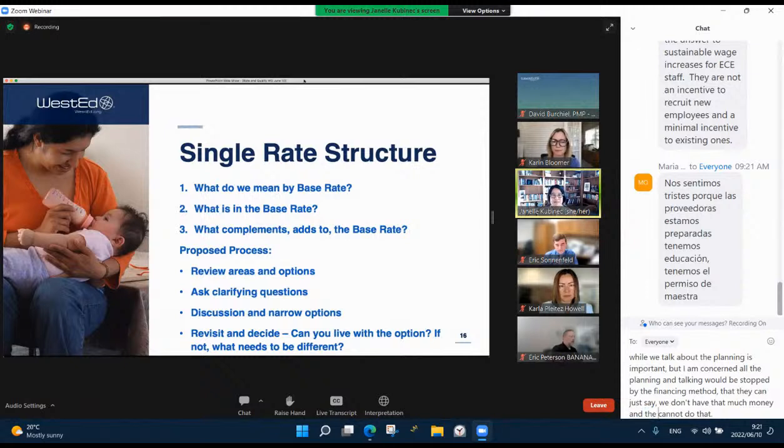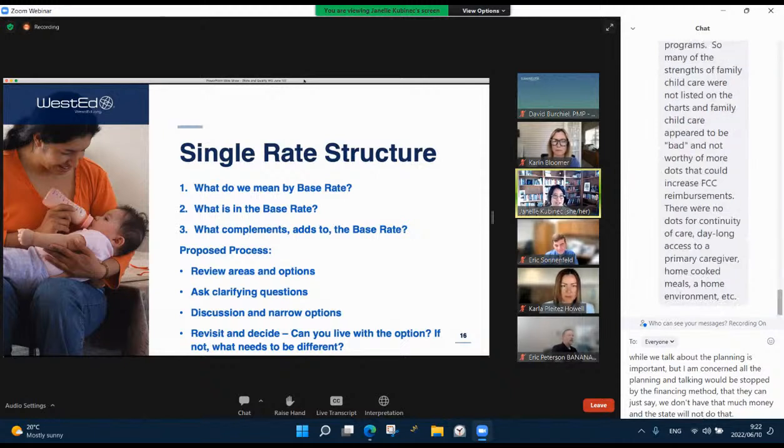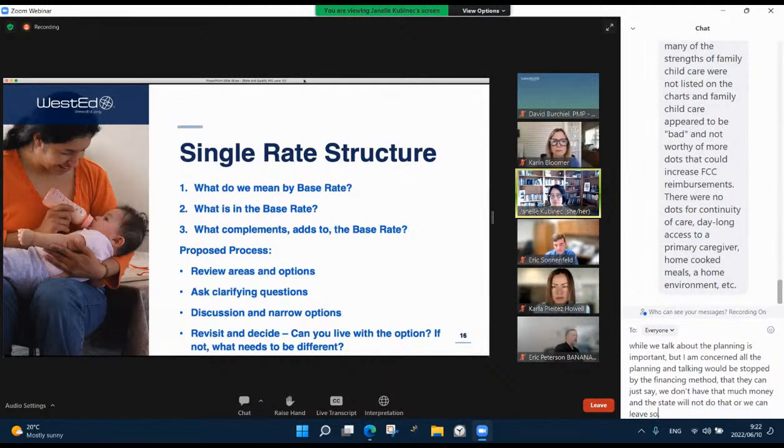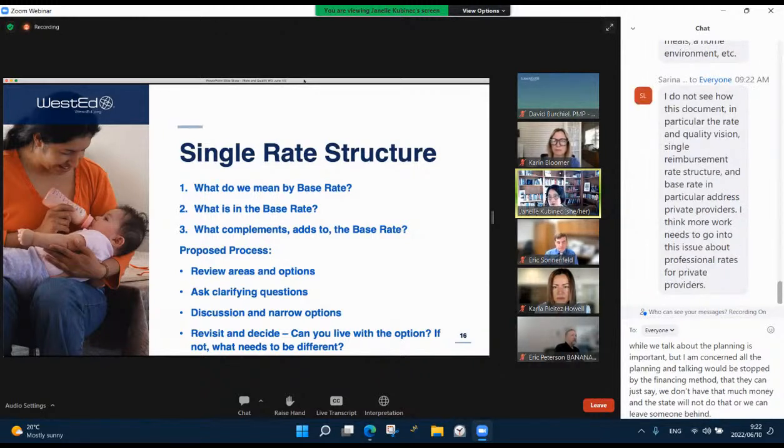We've had some time to talk about where things need to be the same and when things need to be different. And I think, Donna, the helpful reminder is we have to keep this simple, or where have we gone? So I think we'll be really working on that. It is part of the goal of this to get more simple. So the identification of base rate is part of that.